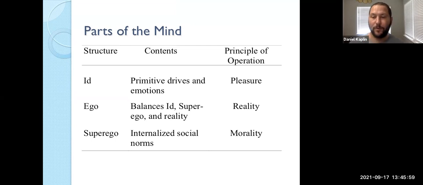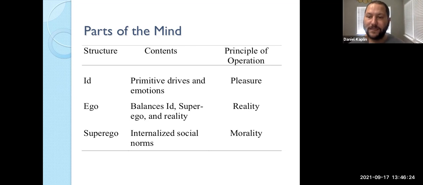So the ego operates based on the reality principle. It helps us with defense mechanisms, and it tries to satisfy the desires of the id without compromising the values of the superego. The superego tends to be our moral compass. It tends to operate based on internalized values of parents and society.